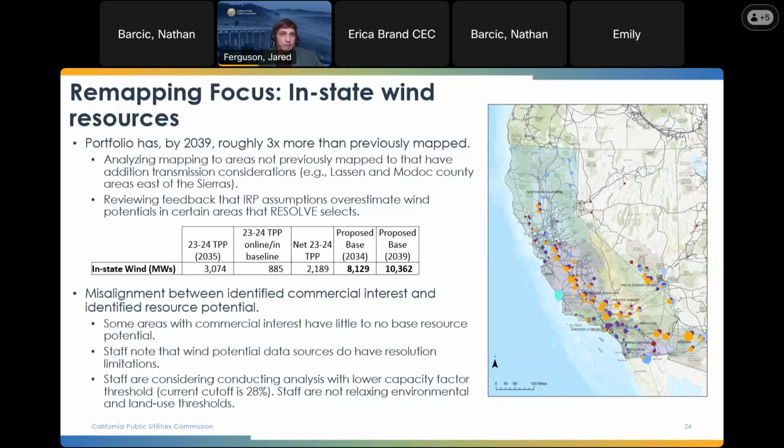I'll note that in this process, we're not relaxing the environmental or land use criteria. We're just looking at that capacity factor difference to see if there are any locations with resource potential. Next slide.